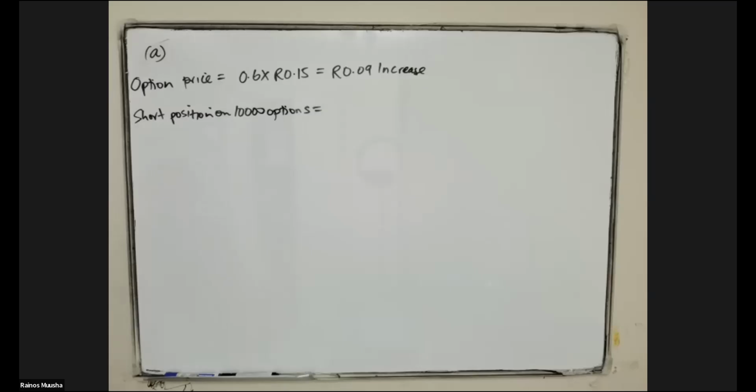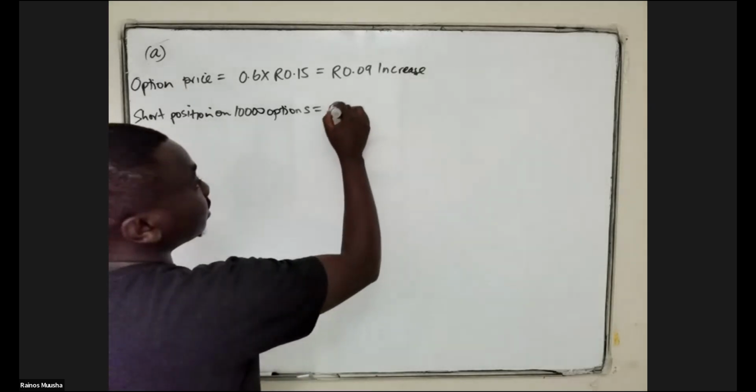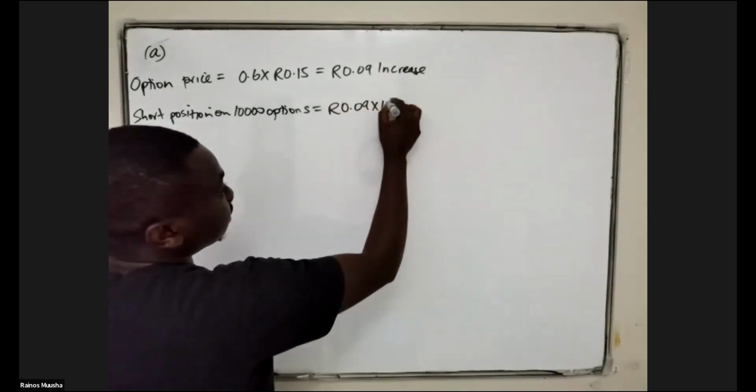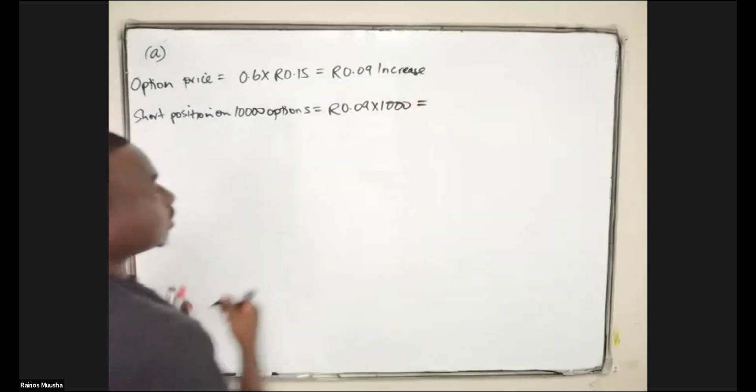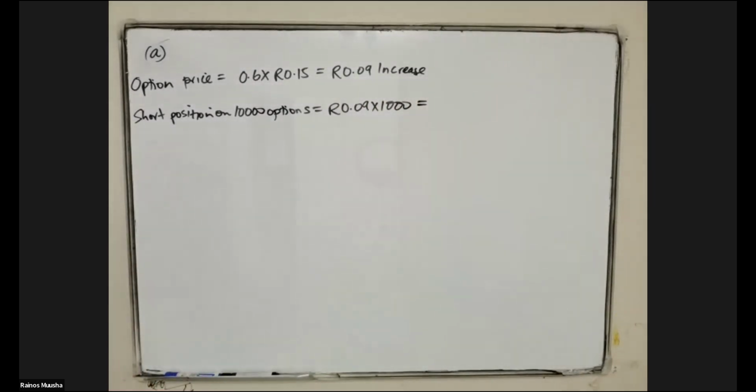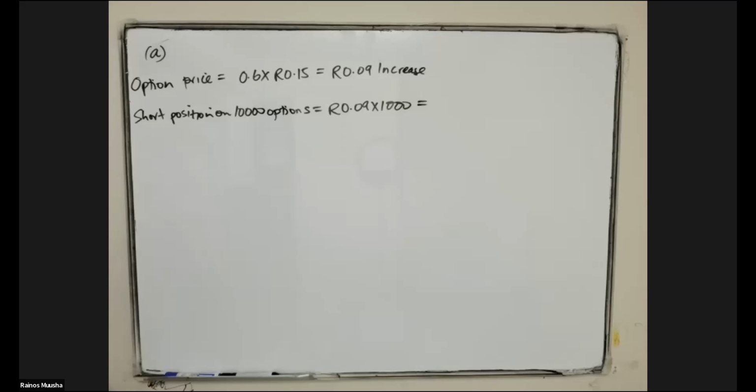Then when you look at the short position on 10,000 options, you multiply this 0.09 by 10,000. How much do you end up with? $900.